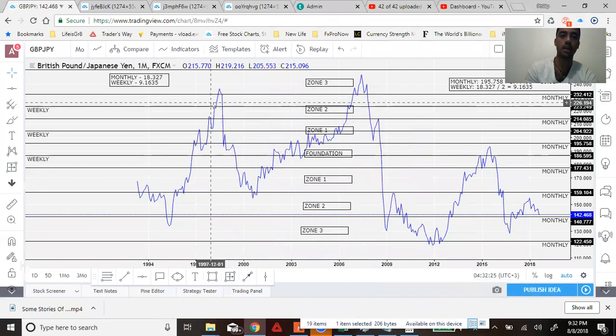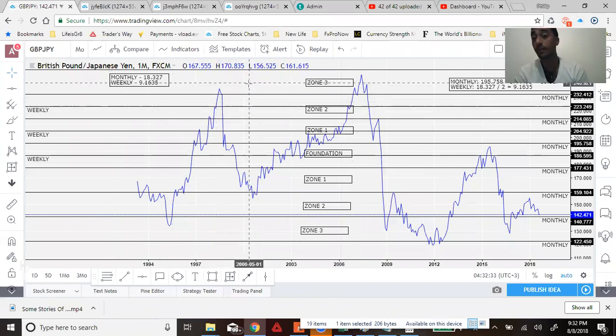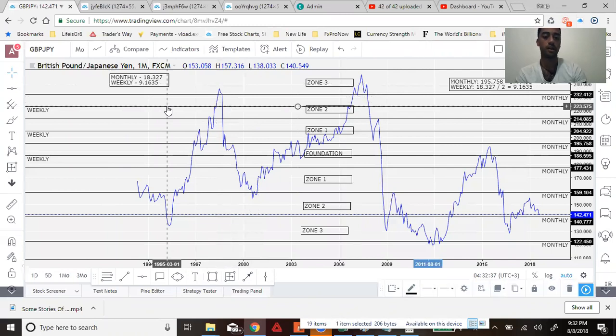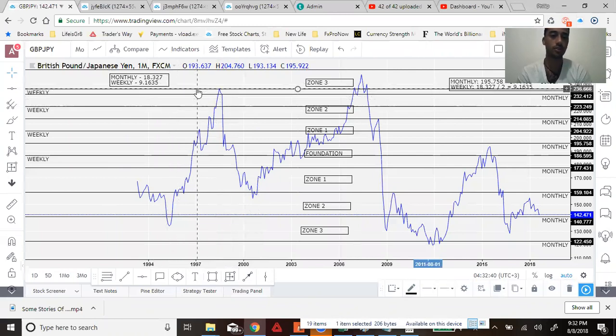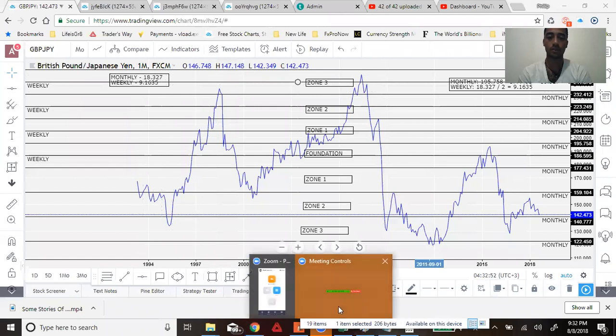And as we can see, price consolidated in that area and then kept on going. So this is not really a strong one for now, at least. Right, so now we're going to take this weekly right here, copy paste, and push this up here. We're going to take that weekly that we just came up with and add our monthly to it.